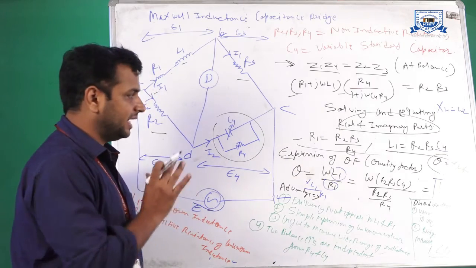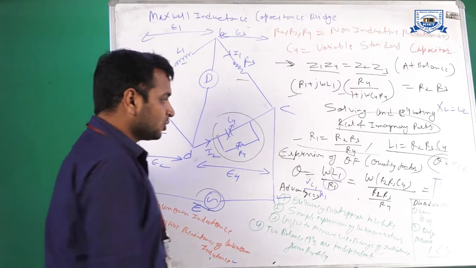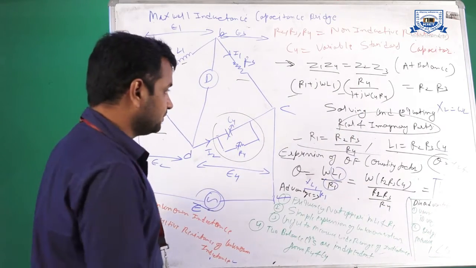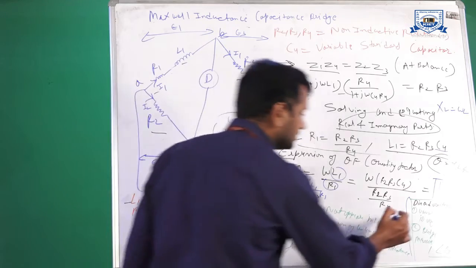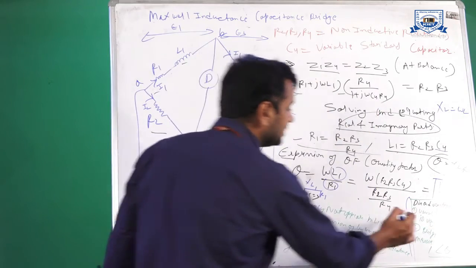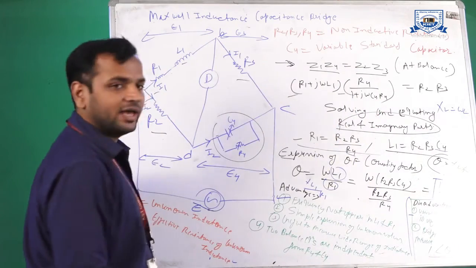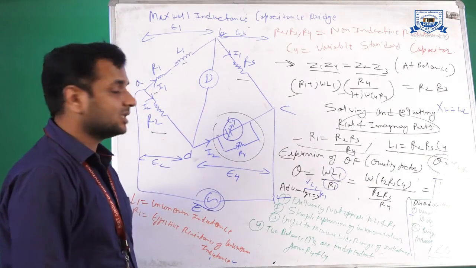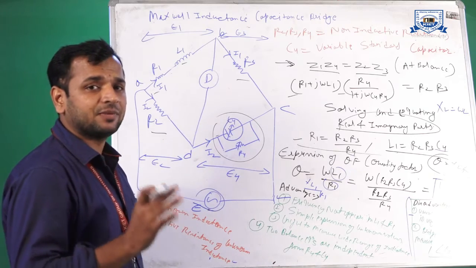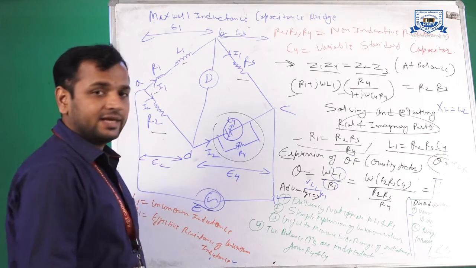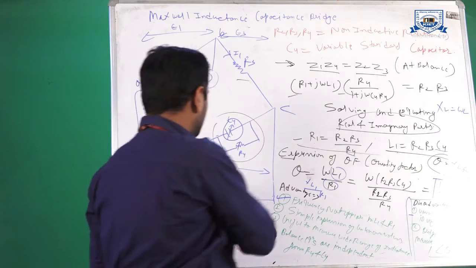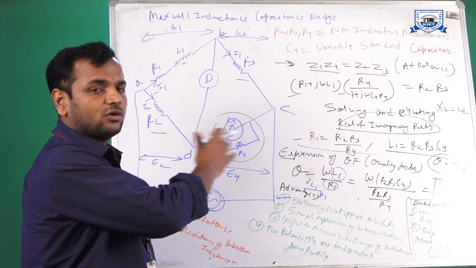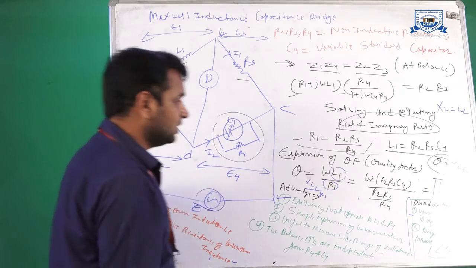But there are various disadvantages of this Maxwell inductance capacitance bridge. The first disadvantage is that the variable standard capacitor is very expensive. The cost of a variable capacitor is very high, so that will increase the overall cost of the implementation of this bridge circuitry.